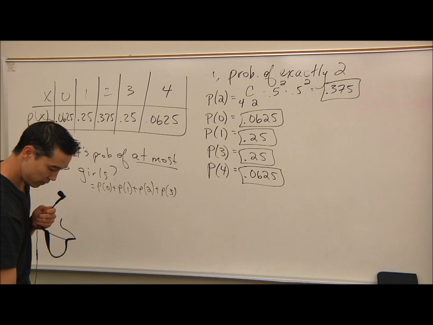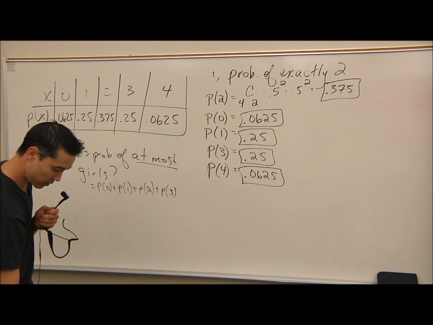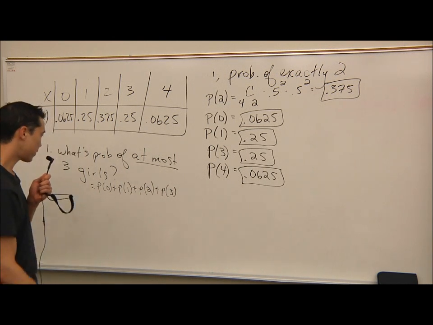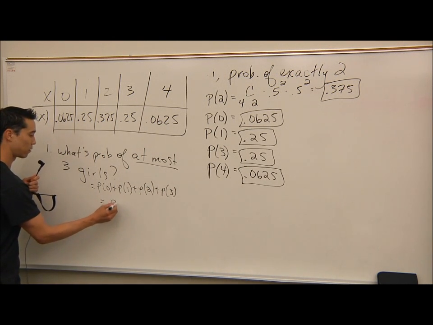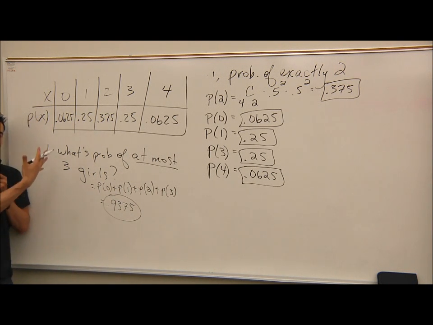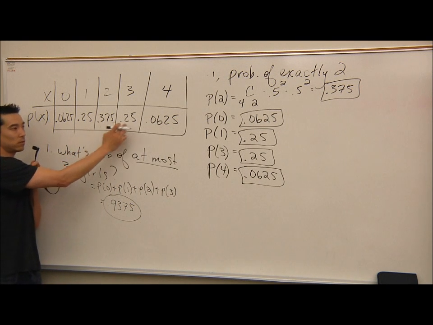plus 0.25 plus 0.375 and plus 0.25 again, and you should get 0.9375. Okay, any question that I ask, you can use this table to solve, right? What's the probability of at least 1 girl? At least 1 would be 1, 2, 3, and 4.